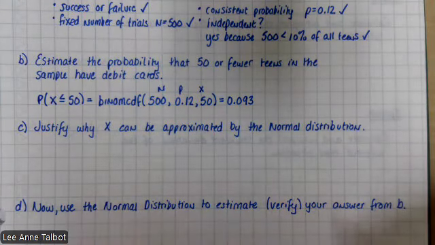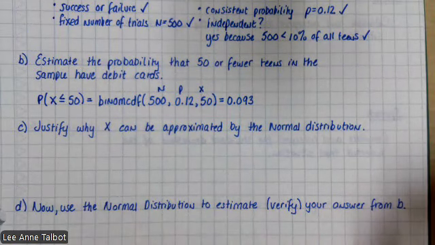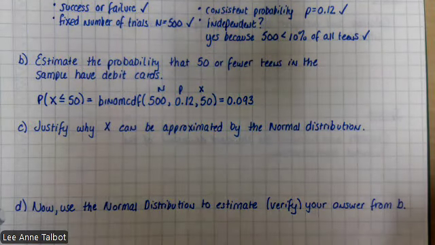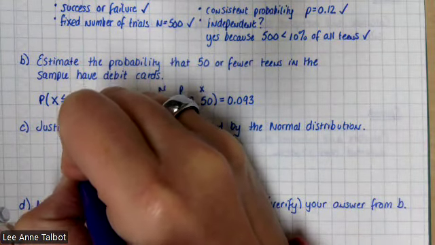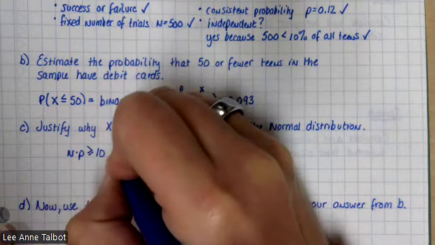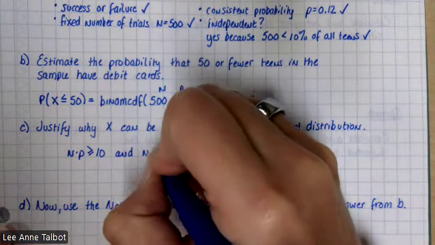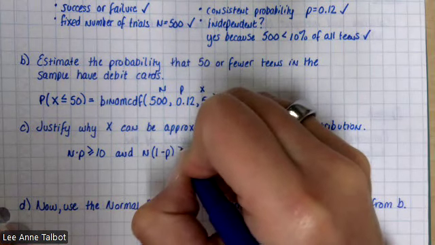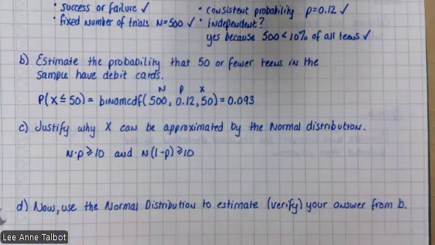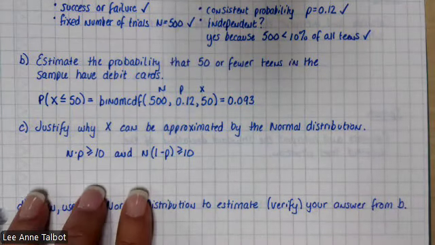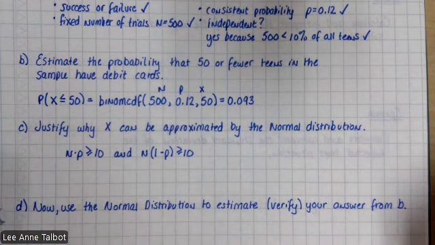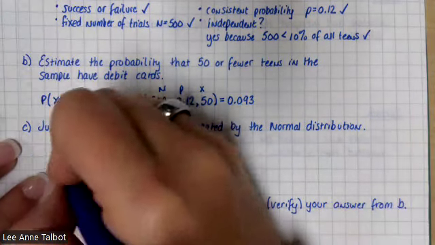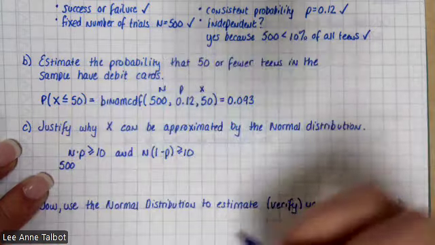Justify why X can be approximated by the normal distribution. This is the thing that we learned at the very beginning of the lesson today. So you have to have N times P greater than or equal to 10, and N times 1 minus P greater than or equal to 10. Do you guys remember all the pictures I showed you with the successes and failures on it? And the zone we liked was all greater than or equal to 10 for both numbers. Okay, in this problem, N is 500, which is a lot of trials, which is good.